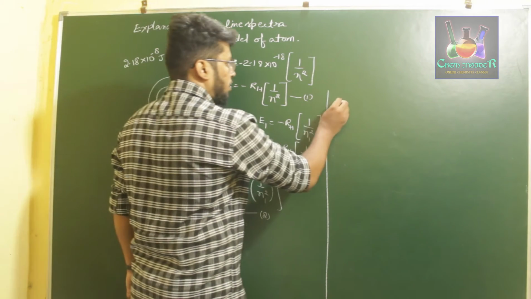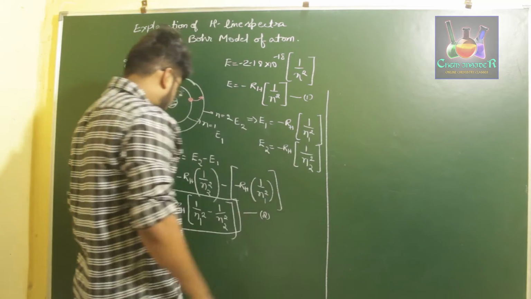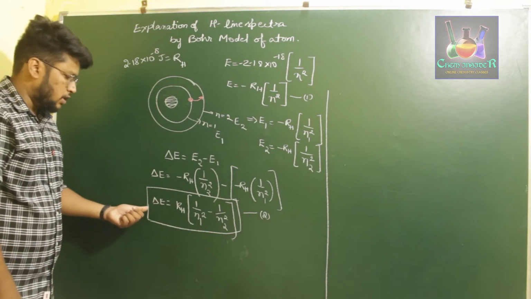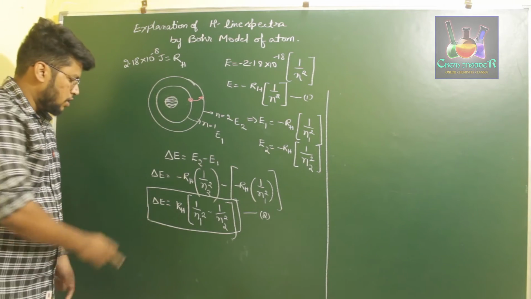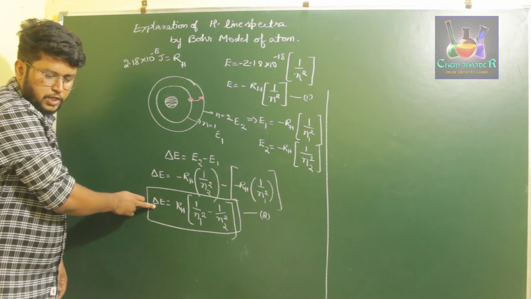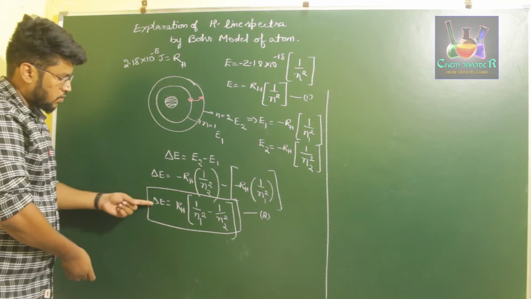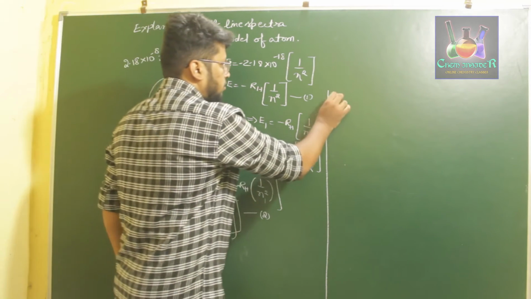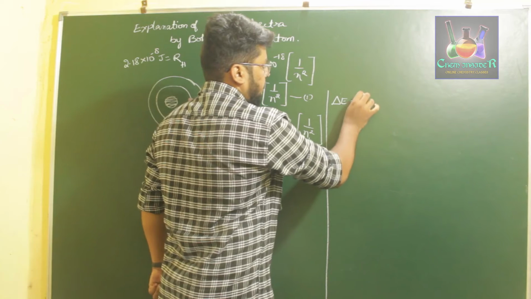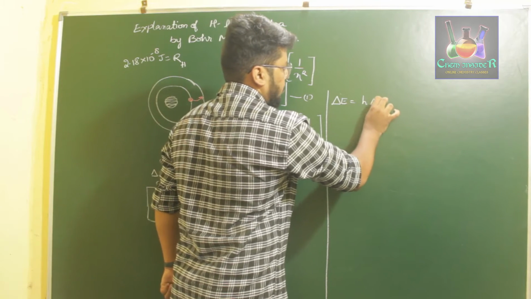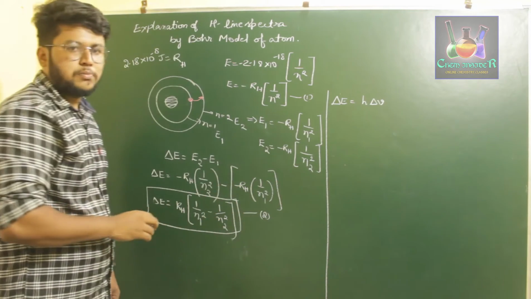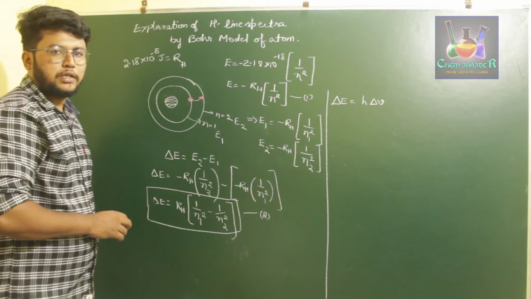So instead of taking delta E, I'll just consider it as E, because it is nothing but the difference in energy. So E is equal to h nu. Change in energy can also be given as delta E is equal to h into delta nu.